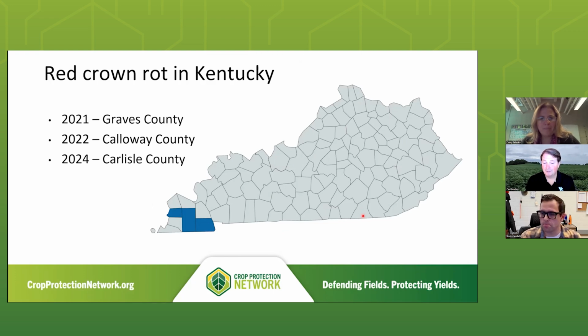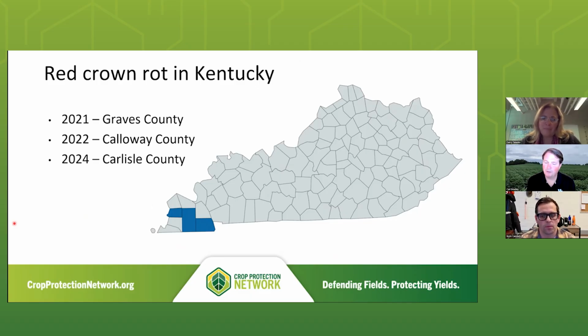And this is what it looks like currently in Kentucky, as far as we know, at least. In 2021, it was first found in Graves County, which is here, in 2022 Callaway County, and then last year in 2024, Carlisle County. At least in Kentucky, as far as we know right now, all of the counties are adjoining each other. They're all in the southwestern part of the state, but I think there's a possibility that it could be elsewhere in the state as well.